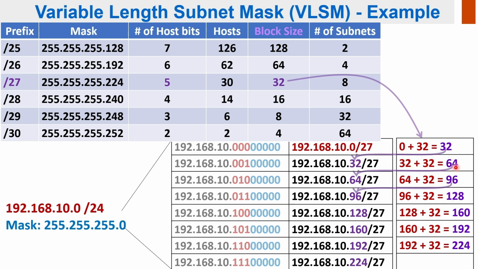Then 32 plus 32, 64, is the next subnet. That means the next subnet is the current subnet plus 32. If you do more practice, it will be easier for you, otherwise it sometimes takes more time, right? So now you can go directly from binary to decimal.